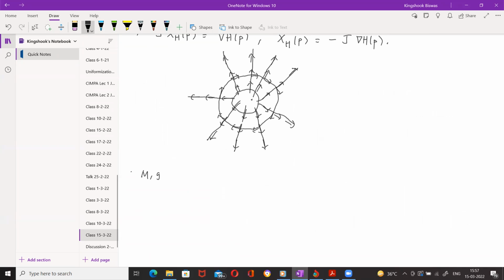Now M is a Riemannian manifold, and we want to define a symplectic form on TM. So we have, as usual, theta is a point (p, v) in TM.